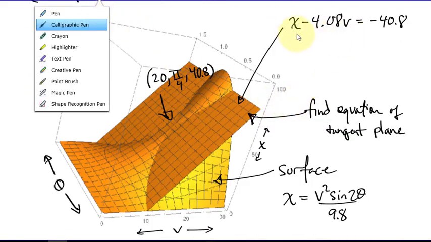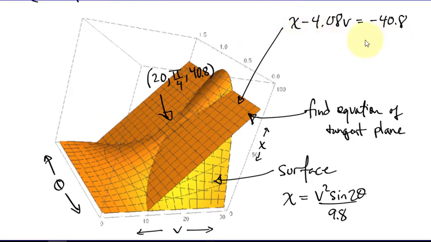Maybe you could see now how I could see this equation of the plane also as a line in the xv plane. If you graph that equation in an xv plane, it would create this line. But since there's no theta, the plane actually runs parallel to the theta axis.